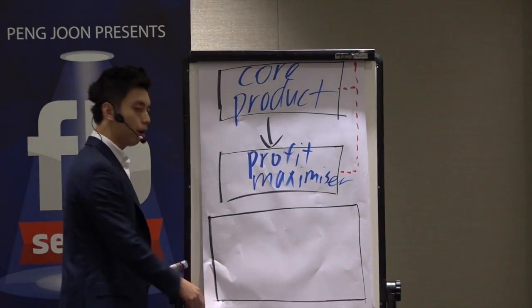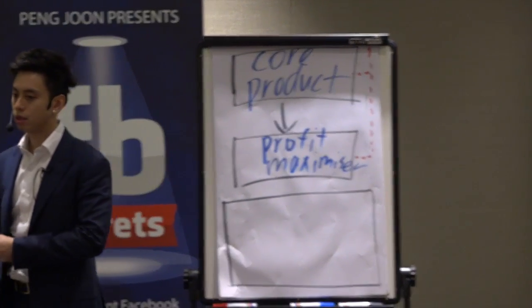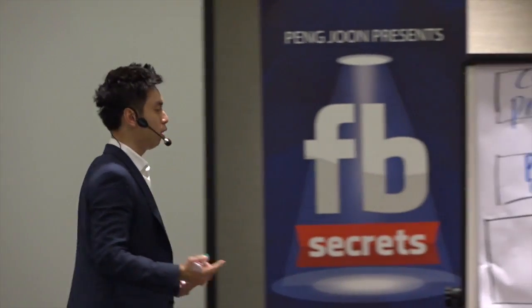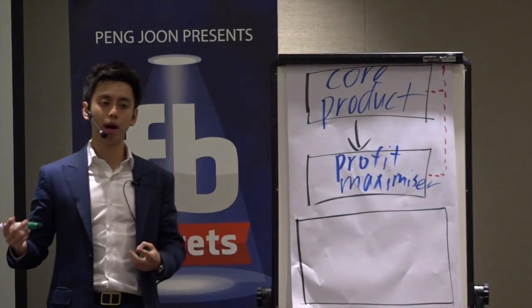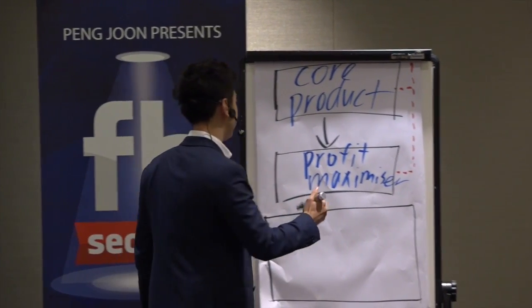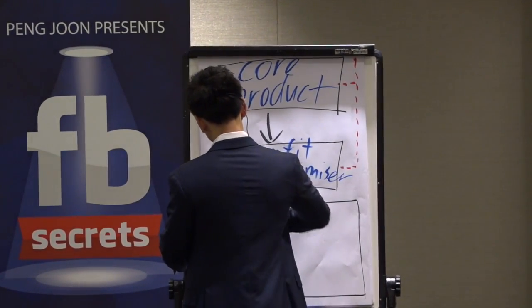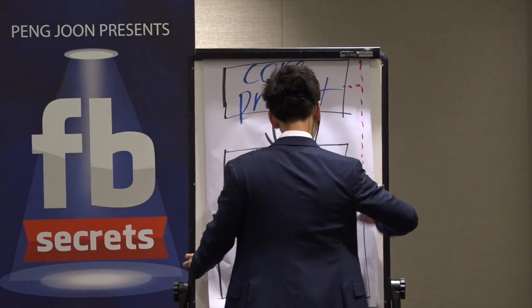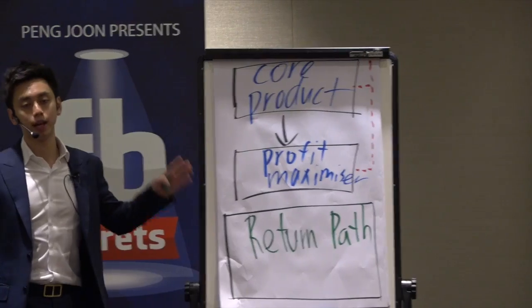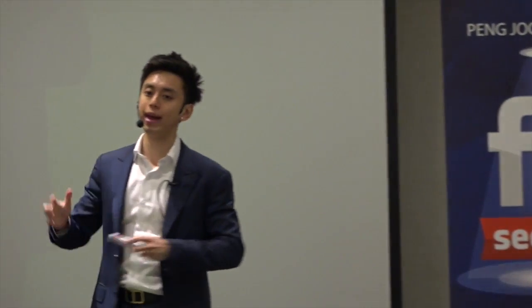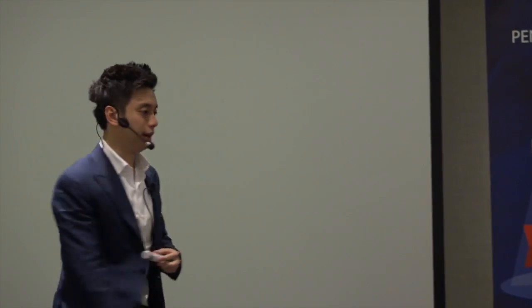And this final box, which is the last thing you need to learn in order to have a very powerful sales funnel and to optimize your Facebook campaigns, is to think about how you can have customers come back to your sales funnel. And that is known as the return path. What is it known as, please? Return path. Right, the return path.